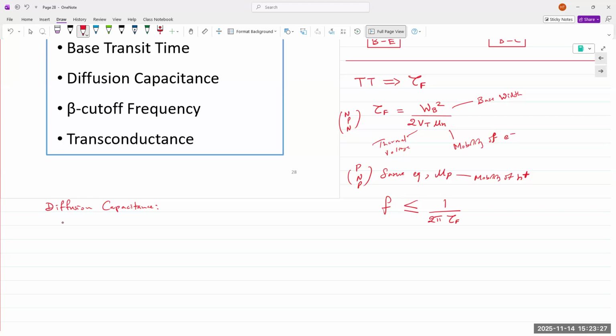When the input voltage VBE changes, the charge changes, and hence it can be modeled as a capacitance. CD, diffusion capacitance, can be given by the collector current IC over VT times tau F.